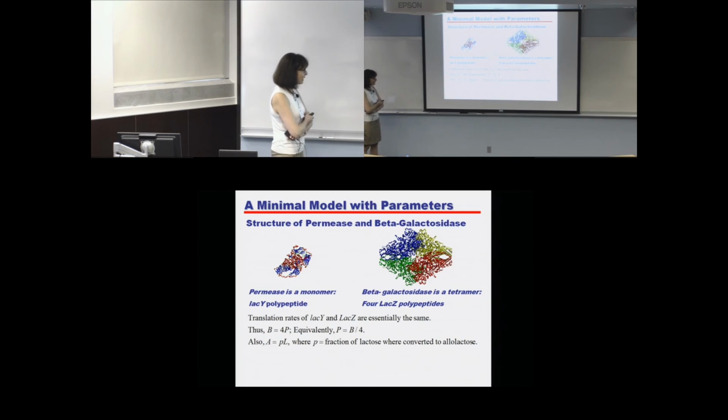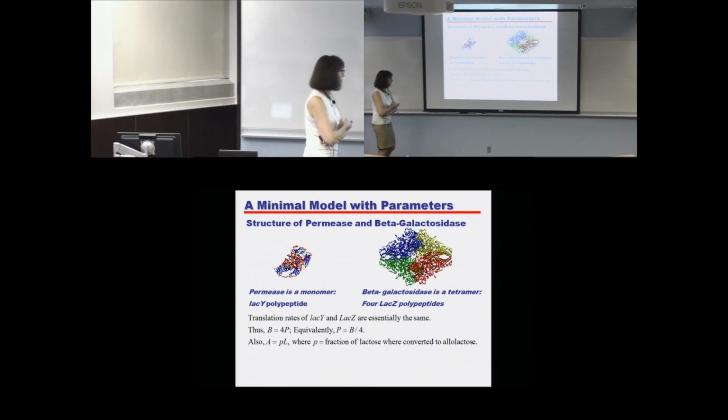There we go. And in that sense, you can say, well, gee, if I have one, I'll have the other because they are linked together. They're being made together. And also, because only a fraction of the lactose becomes allolactose, I can actually collapse those 2 variables as well. And if I have lactose, I know that I'll have allolactose.